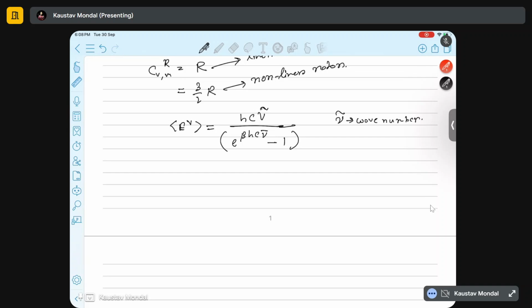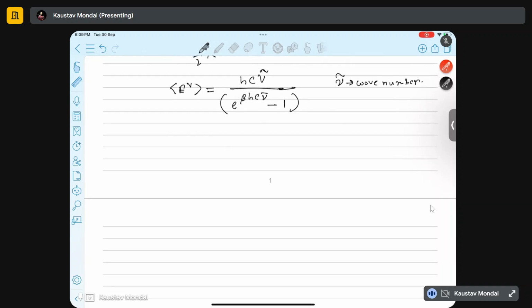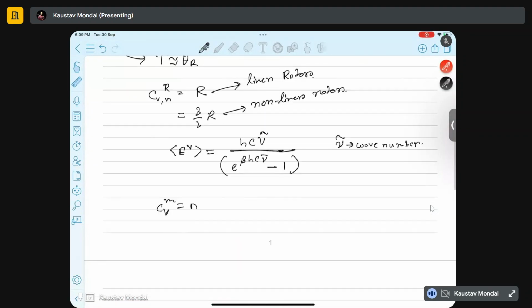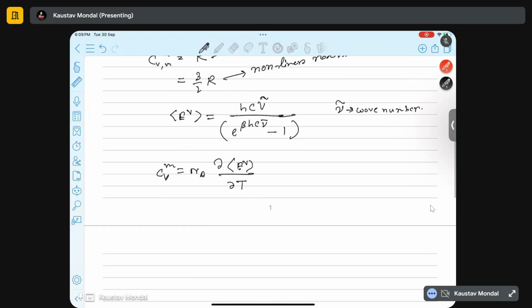So if you take the specific heat with respect to the vibrational modes, it will take a similar form, N_A into delta EV by delta T, which gives you this form: theta V by T whole square, e to the power minus theta V by 2T, by 1 minus e to the power minus theta V by T whole square, into R. Okay, so this is the expression of CVMR.